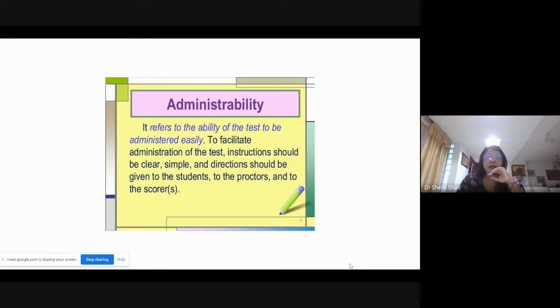Another thing is that when you do the test or your questionnaire, you want to make it easy to access. You want to increase the accessibility. So instructions should be clear, simple, and directions should be given to the students or to the respondent. And the scores.